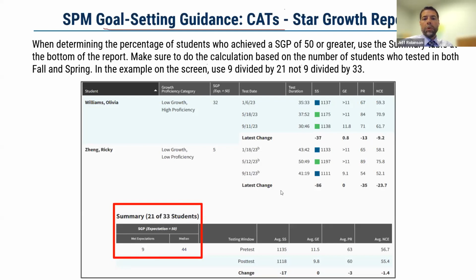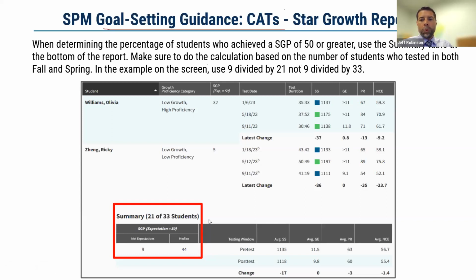So you cannot run the growth report until you have at least the tests from a fall and from the winter. So in the winter, if a teacher runs this report, they would be able to see how many students hit the SGP growth expectation of 50 or more.